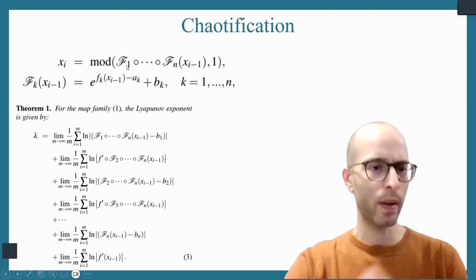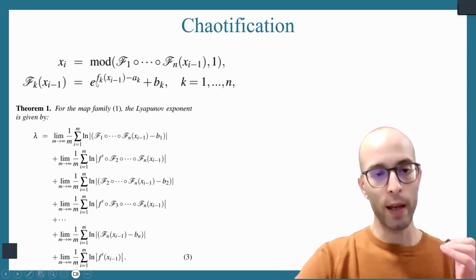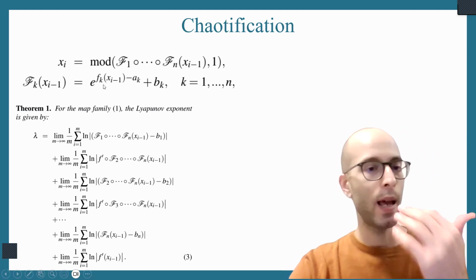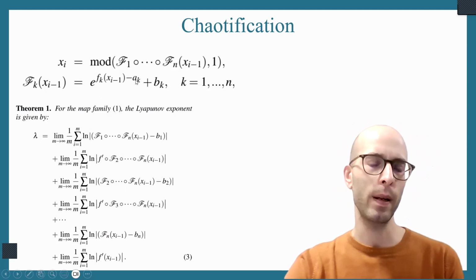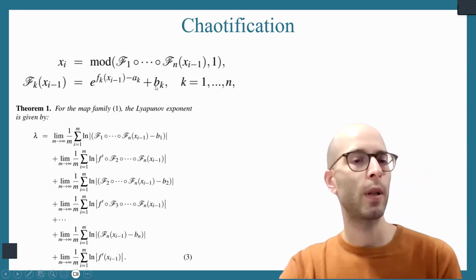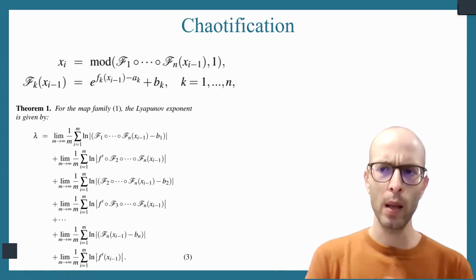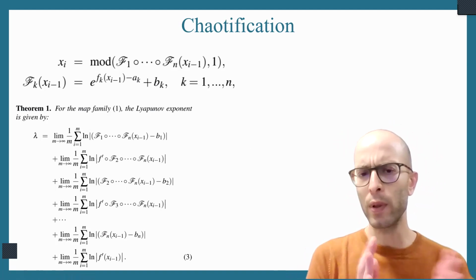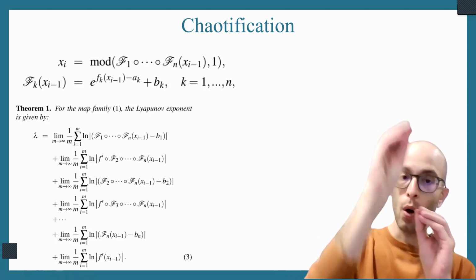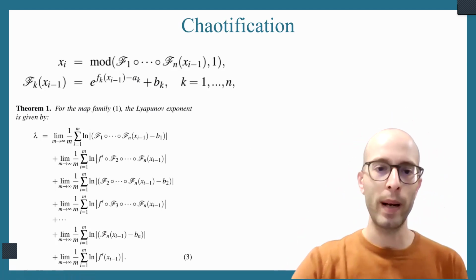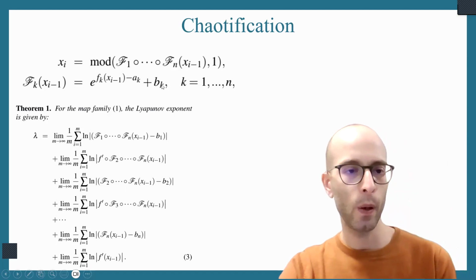Each of these calligraphic f functions is an exponential term, so we have exponential of f, where f is any seed function, minus one parameter a plus one parameter b. So a and b parameters are real values. They basically work as offset boosting parameters, either for the exponential term or for the whole function. So one parameter is on the exponential power, the other is outside.